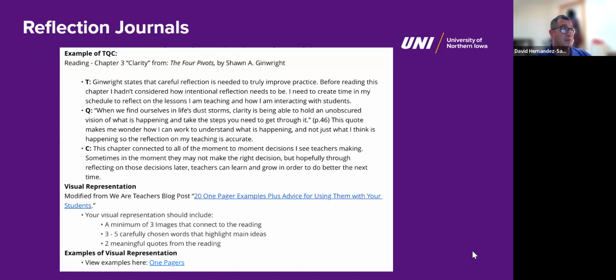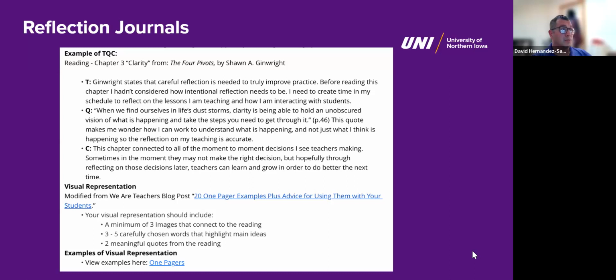Before reading this chapter, I hadn't considered how intentional reflection needs to be. I need to create time in my schedule to reflect or rethink on the lessons I am teaching and how I am interacting with students.